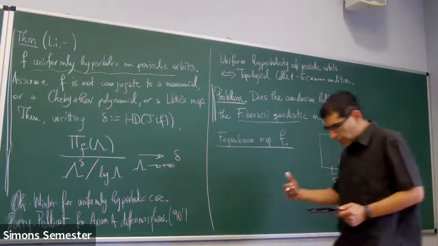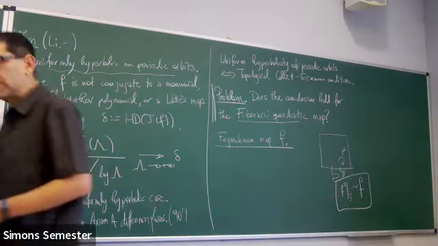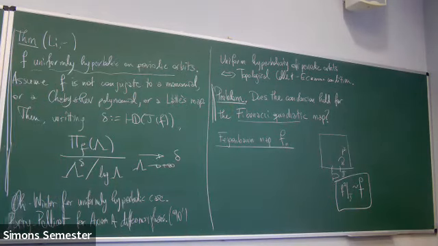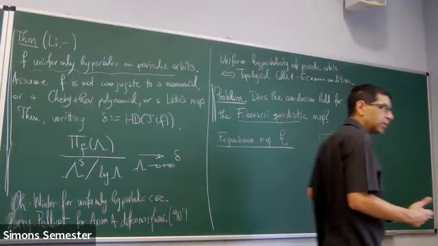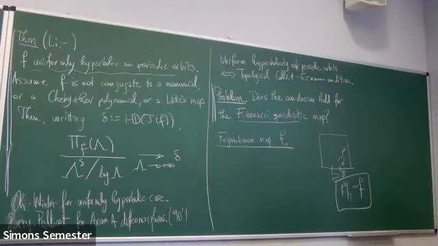But you can repeat this procedure indefinitely. So the map will be renormalizable of period 2, and its renormalization is conjugate to the original map. And so you can repeat and repeat and repeat.